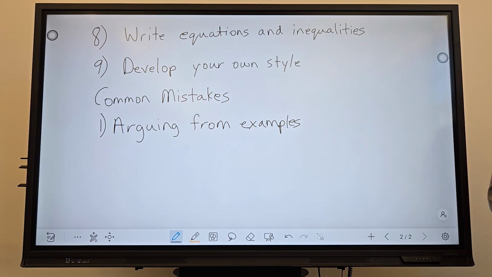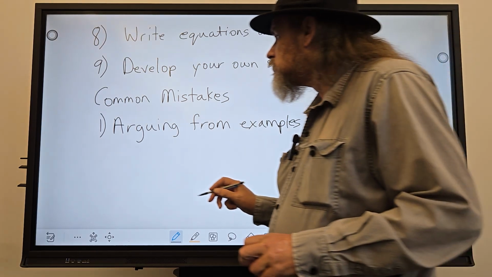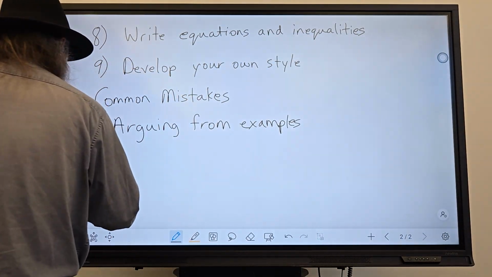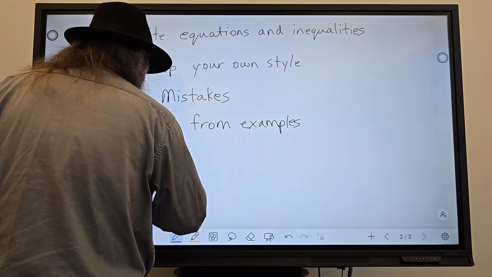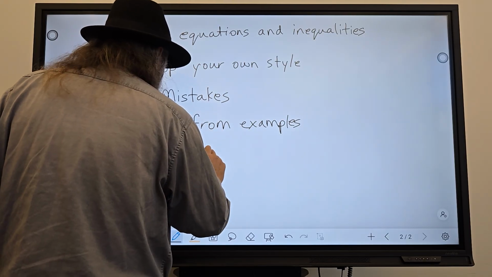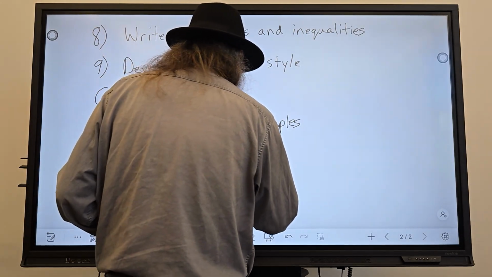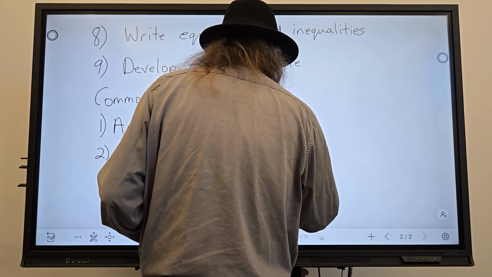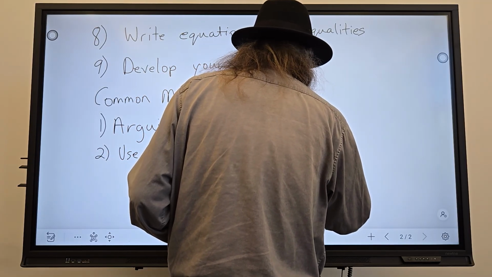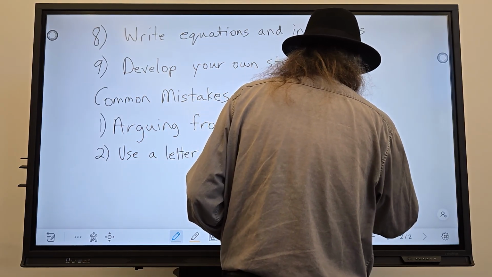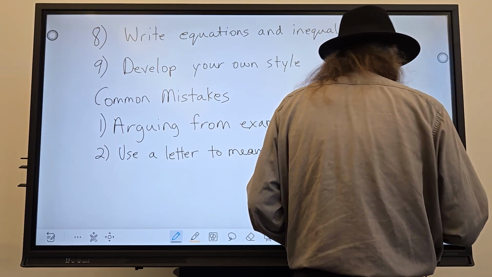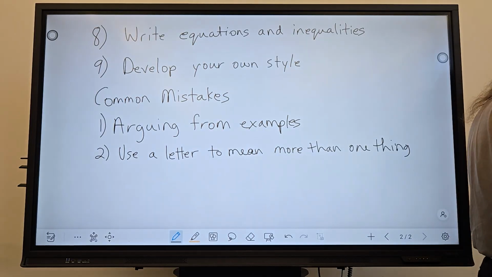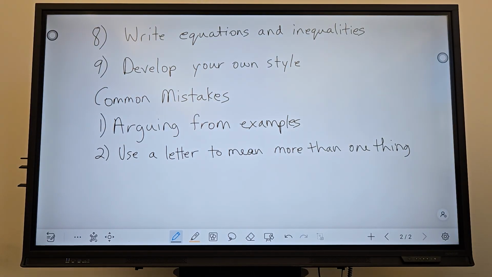Use the same letter to mean two different things. Now, say you have m and n as two odd integers.